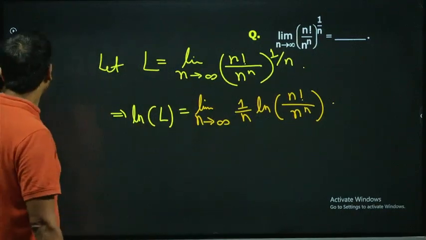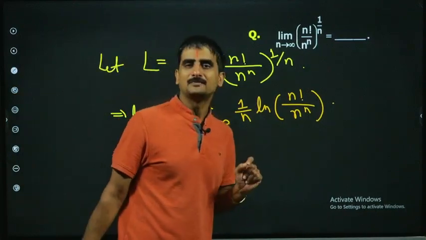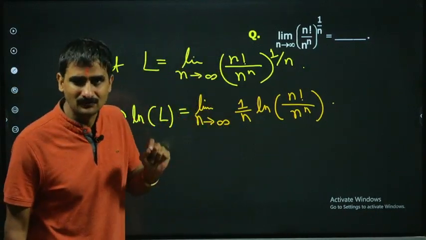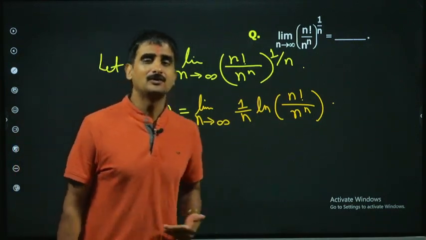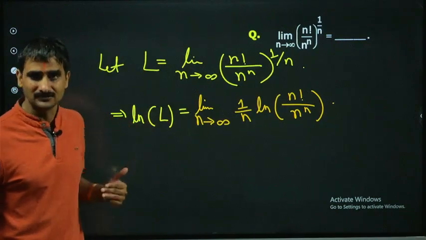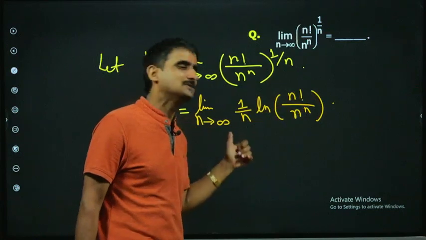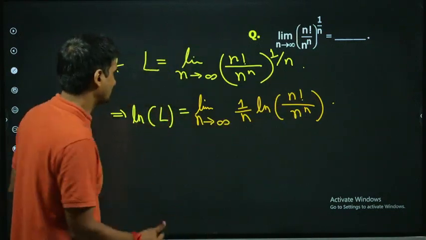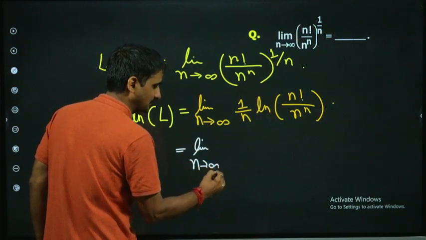I think all of you would have understood what I did. Of course I used the property of log which says log of x raised to the power n: the power over the input of log appears as a product outside the log. So the power is 1 by n, so that appears as a product outside the log. Now I will just expand n factorial here.